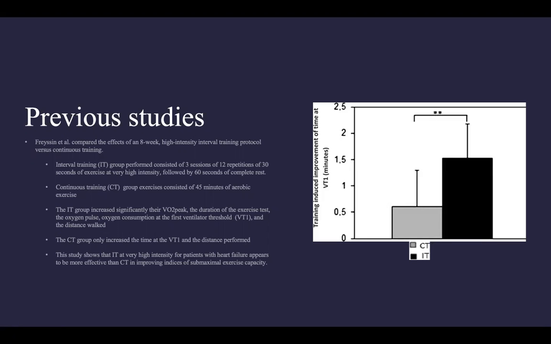And they found that the interval training group significantly increased their VO2 peaks, the duration of exercise tests, the oxygen consumption, and distance walked. The continuous training group increased the time at the threshold and the distance performed.